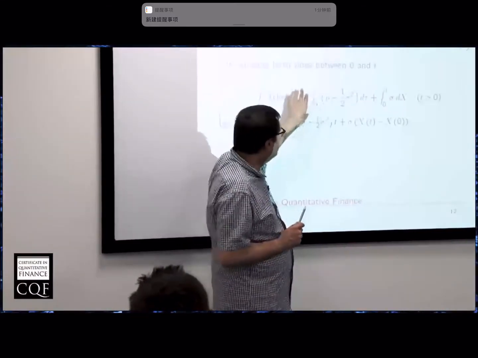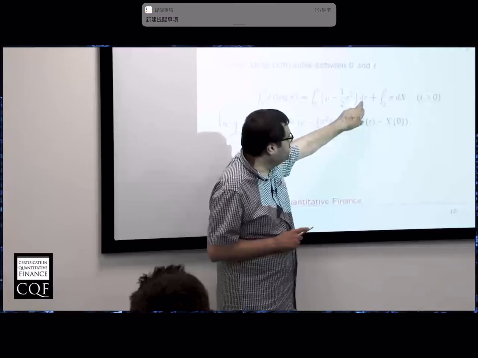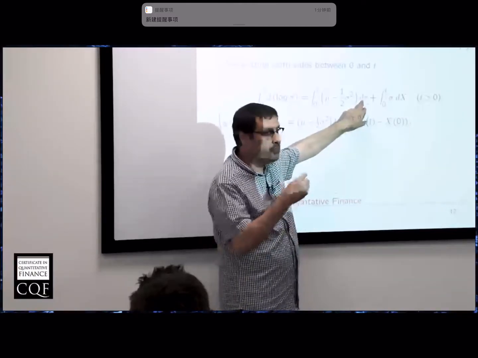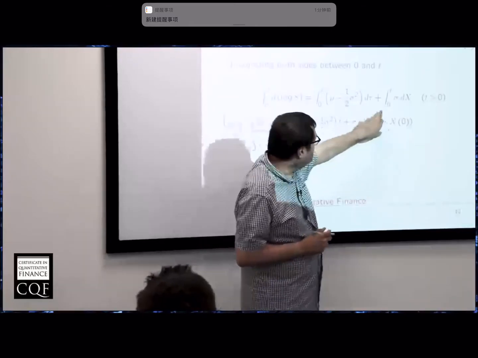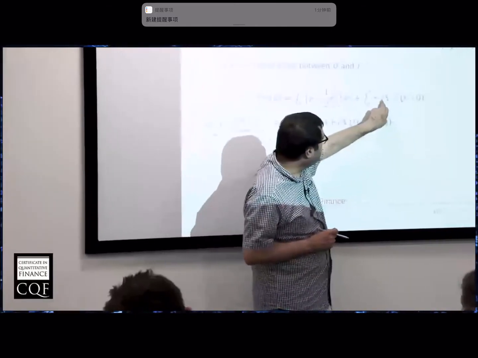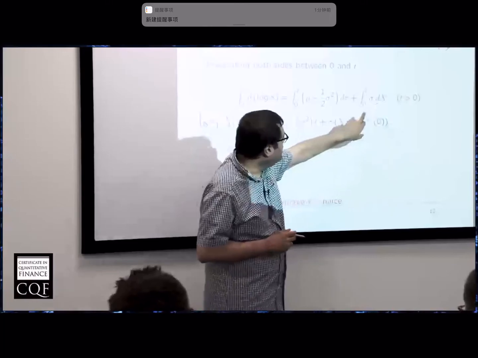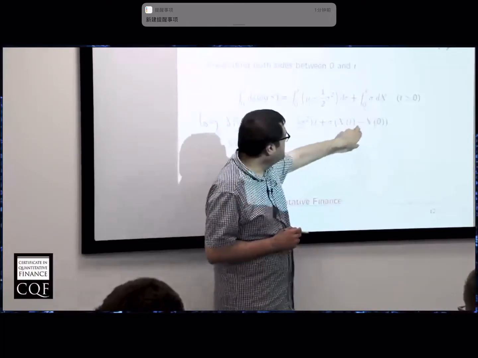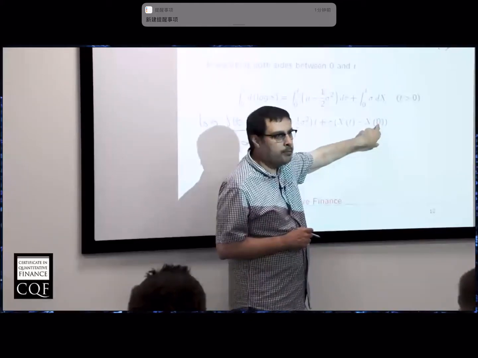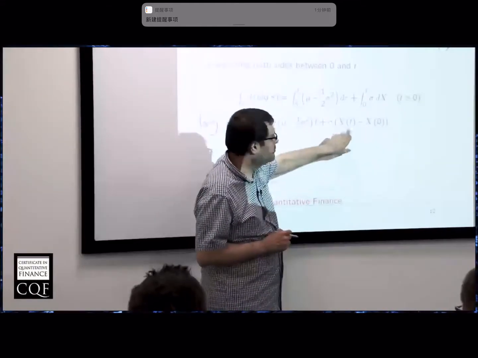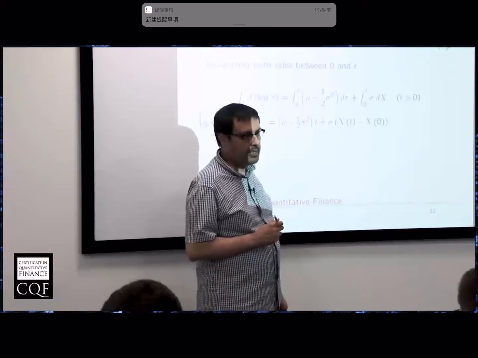So we can pull that out, and what we're left with is a dt, so we integrate that, we get time between 0 and t, so it simply becomes t minus 0, which is t. That sigma comes out, and the integral of that dx gives us a Brownian motion at t minus x naught. We know x naught is 0 anyway, but this is what we end up with. Are you happy with that?